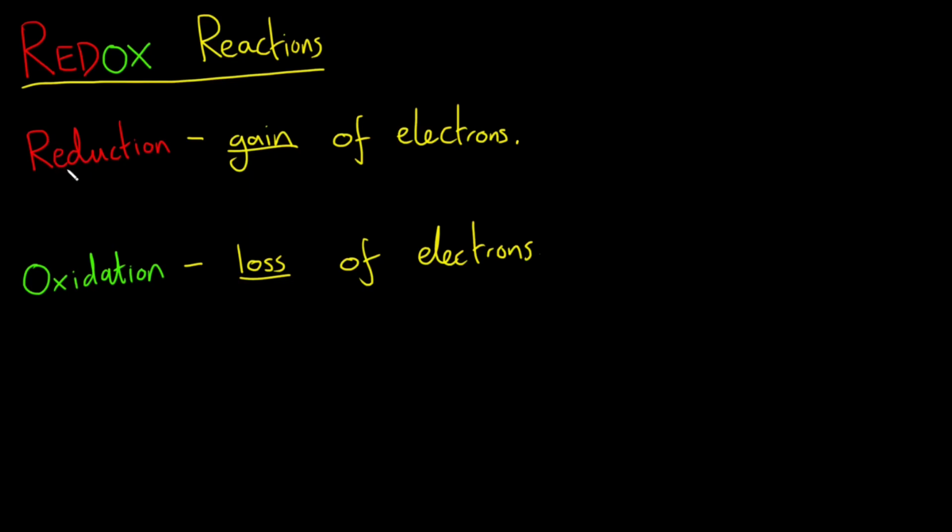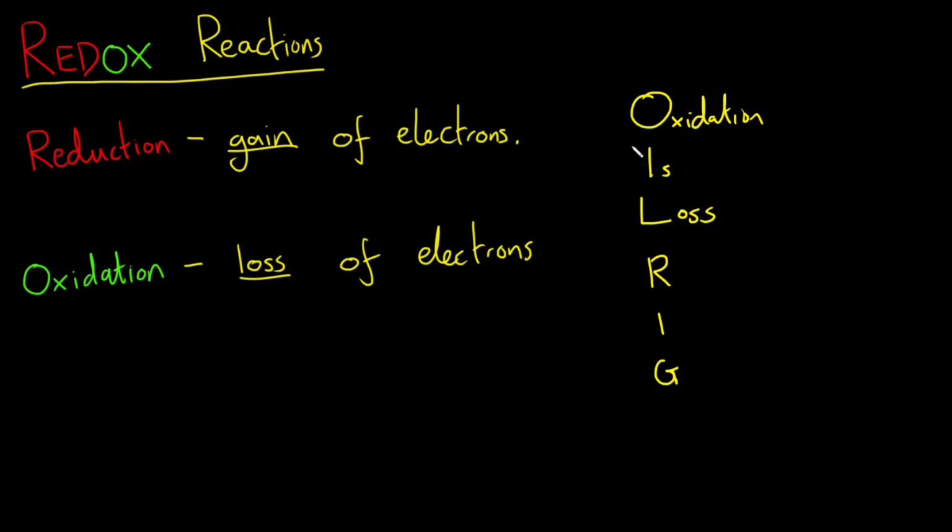Now that can be a little bit confusing to learn, right? In terms of reduction is gain and oxidation is loss. A nice way to remember it is if we remember the word OIL RIG, like one of these things that you find out in the North Sea to drill for oil. OIL RIG is a nice little way that we can remember the correct definitions of these reactions. So O is oxidation, I is loss.